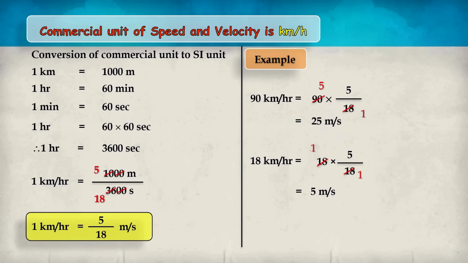So, always remember, the commercial unit of speed and velocity is kilometer per hour. The SI unit is meter per second. And for conversion, kilometer per hour times 5 by 18 is equal to meter per second. This formula is very important for numericals.